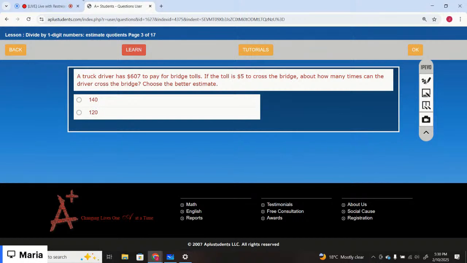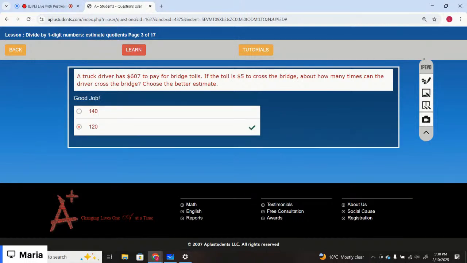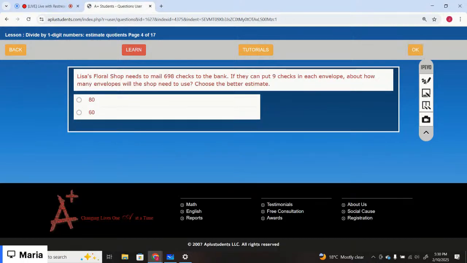So very good. That is option number 2. When you divide 607, that is about 120.